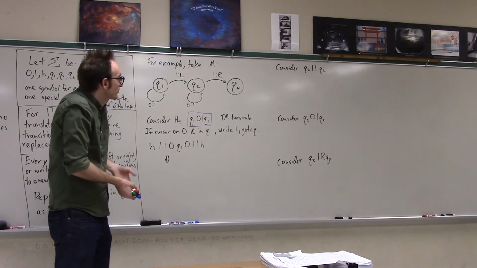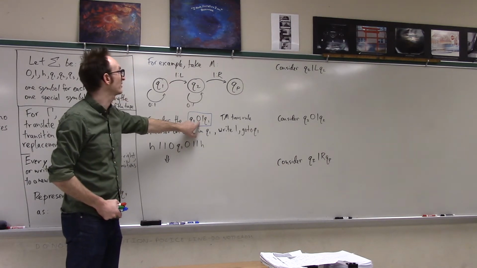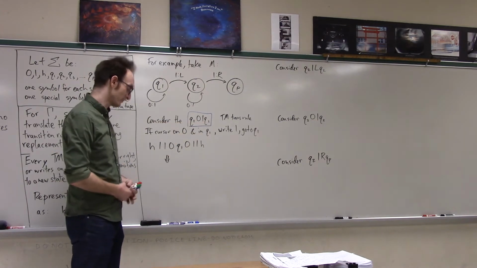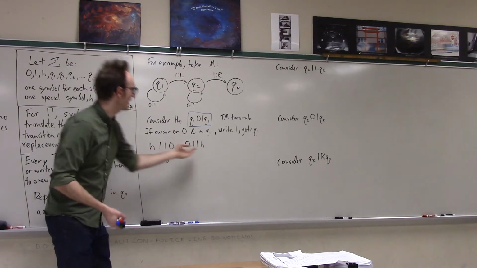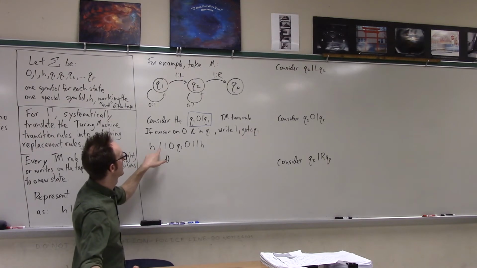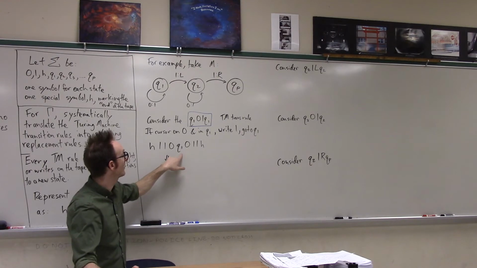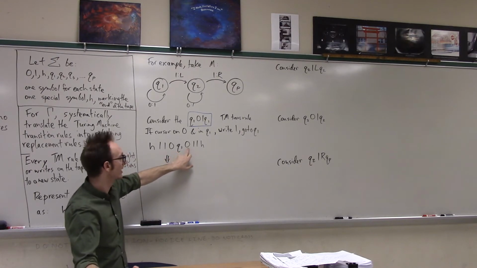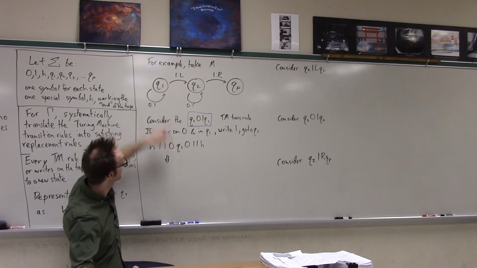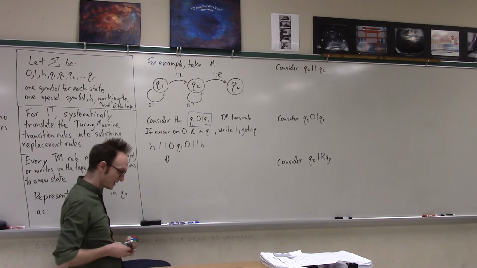It means I'm in Q1, my cursor is on a particular 0, and what I should do is replace that 0 with a 1 and go back to Q1. So, for example, perhaps our tape looks like this: left edge of the tape, 1, 1, 0, Q1, 0, 1, 1, H. Remember, this means our cursor is on this 0, and I'm in state Q1. Following this rule means I'm supposed to replace that 0 with a 1 and go back to Q1.